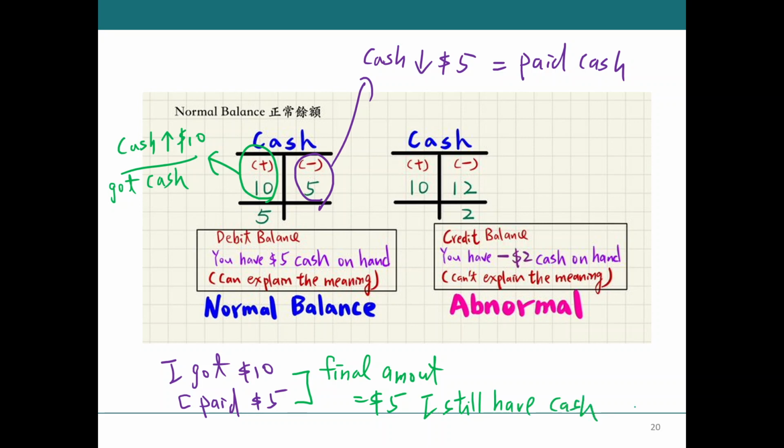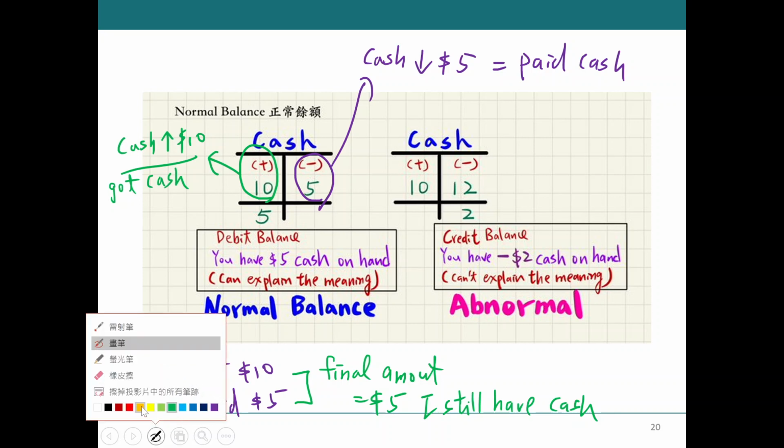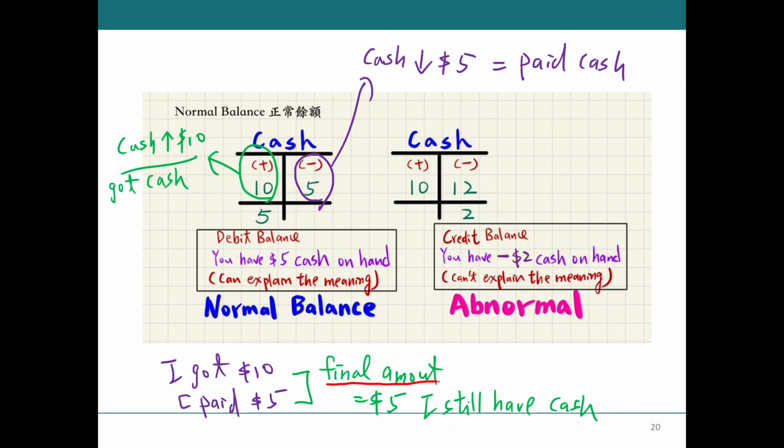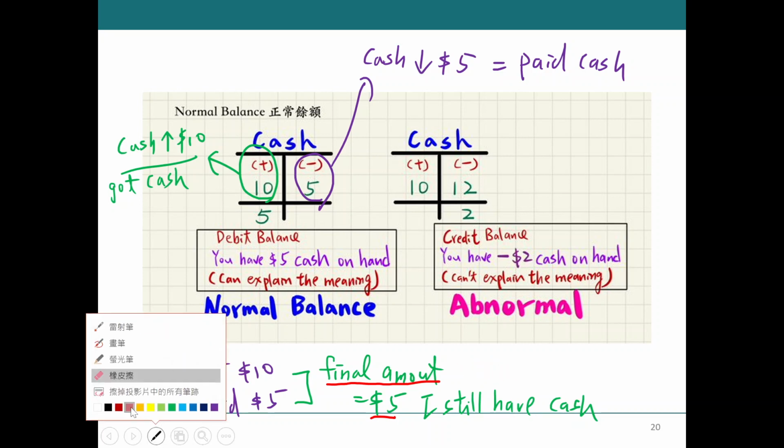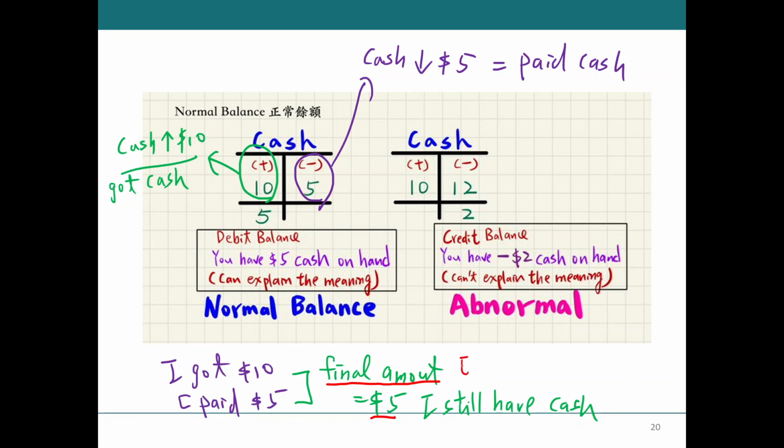Okay, so what does it mean? Final amount means your balance, right? So I have the ending balance. I have the balance, ending balance 期末余额 is $5, right?